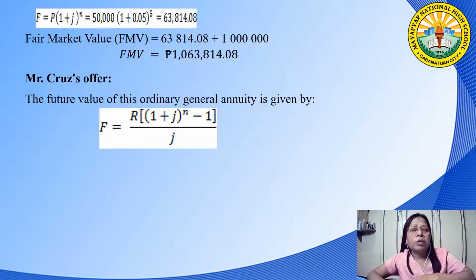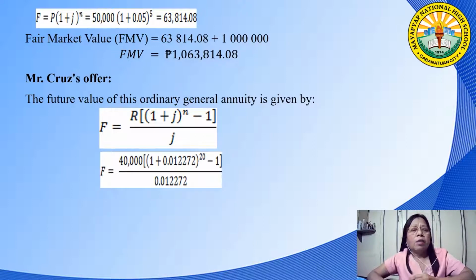times quantity 1 plus j raised to n, minus 1, over j. So that is the formula in finding the future value for an ordinary general annuity. Replacing the given, the regular payment is 40,000, multiplied by quantity 1 plus the value of j raised to the value of n, which is 20, minus 1, divided by j, 0.012272.